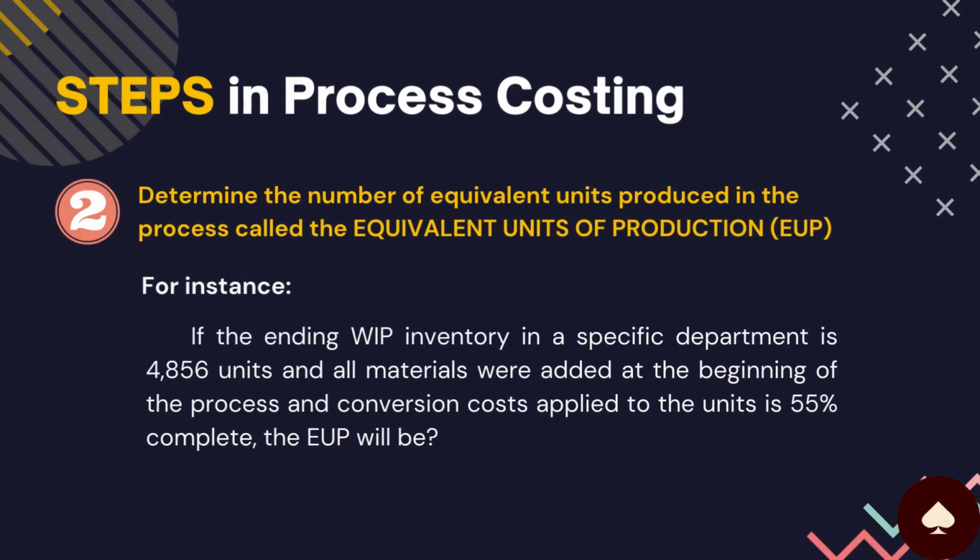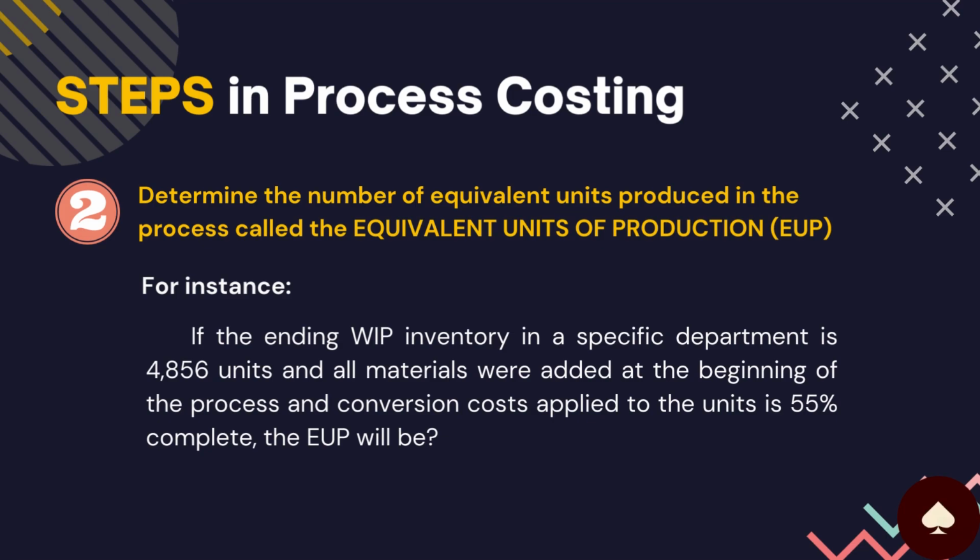The second step is to determine the number of equivalent units produced in the process, called the equivalent units of production, or EUP. Since the products under the process costing system are homogeneous to one another, it is hard for cost accountants to determine the inventoriable cost per product. That's why, in this system, we assign equivalent units of production, or EUP. Let me give you an example to visualize the notion of EUP.